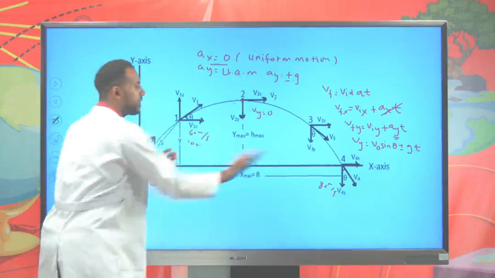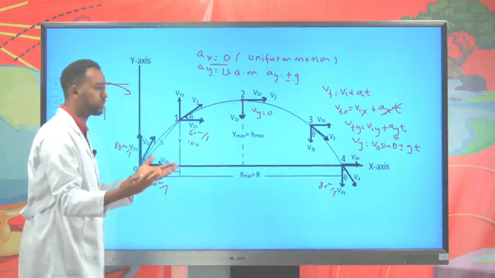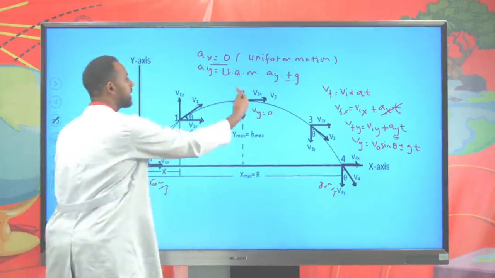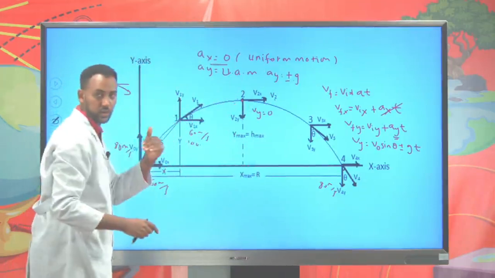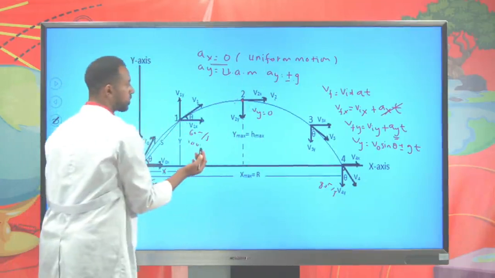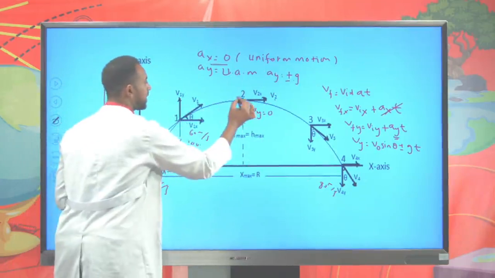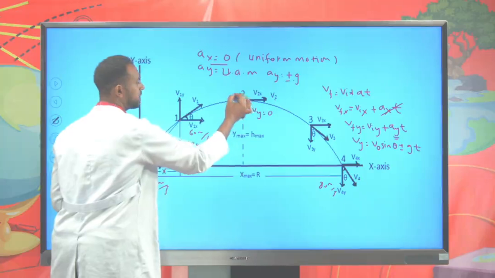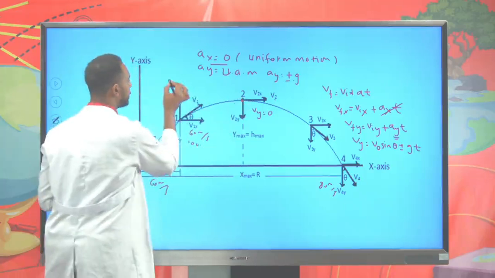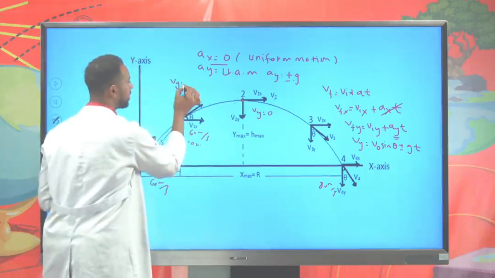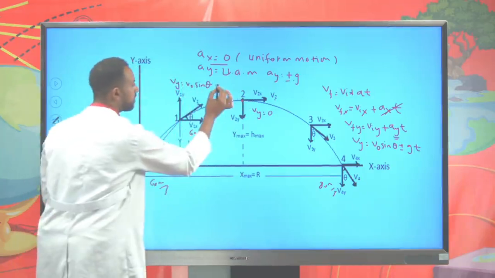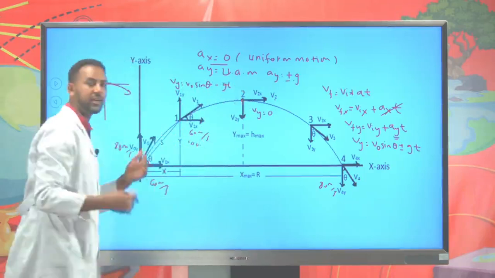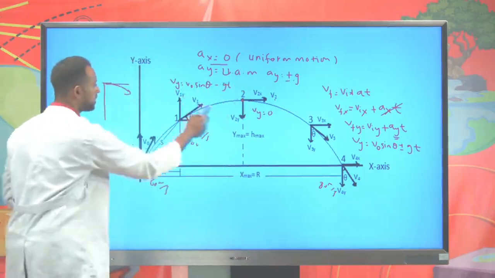Suppose the total time of flight is 20 seconds. Then it took 10 seconds to reach its maximum height, and the other 10 seconds to come back down. Keeping this in mind, the time it took to reach the maximum height can be determined using Vy, the vertical component, v naught sine theta, since it is projected upward, minus g t. So half the time of flight can be determined using this equation.